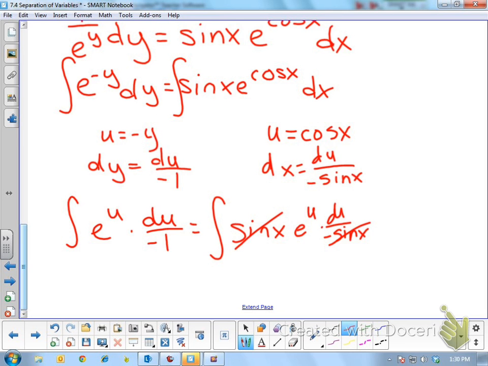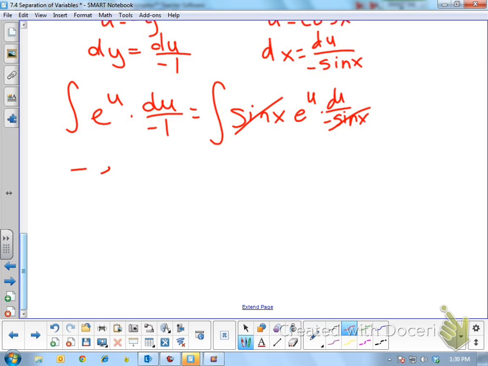So now we integrate, and in both cases we're basically integrating the same thing. One started out as y, one started out as x. What's the integral of e to the u? E to the u. So we get negative e to the u, because it was du over a constant, equals negative e to the u plus c.